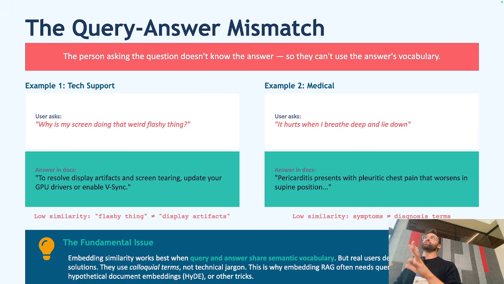They might not know the vocabulary that's required to ask the question effectively. So oftentimes you get questions that are describing symptoms, like in a medical system. You can't expect your user to frame the question in a way that is similar to how the answer is stated in your data.